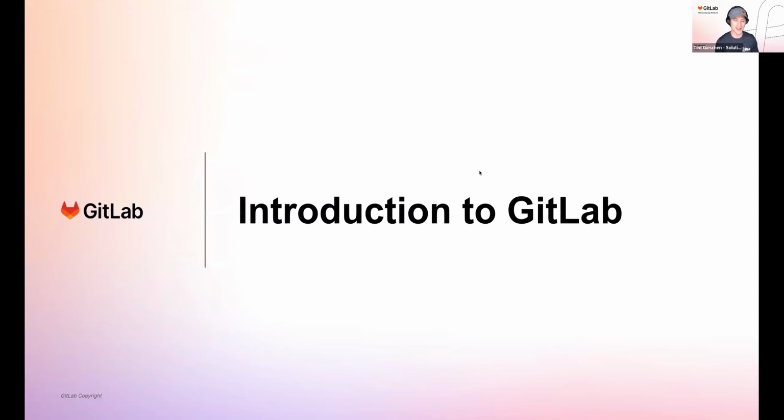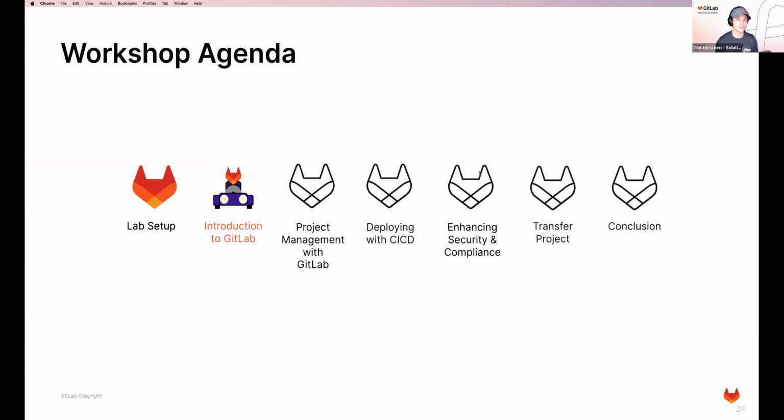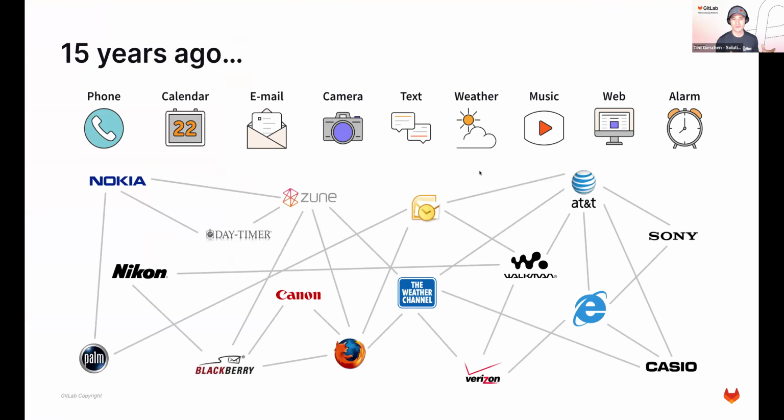All right, so now that we have everything set up, let's go ahead and run through an introduction to GitLab itself. To give you a bit of the background to the idea behind GitLab, around 15 years ago, we had so many different technologies for email, for understanding the weather, for music, for phone services.